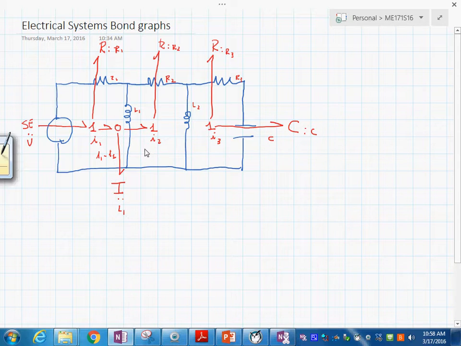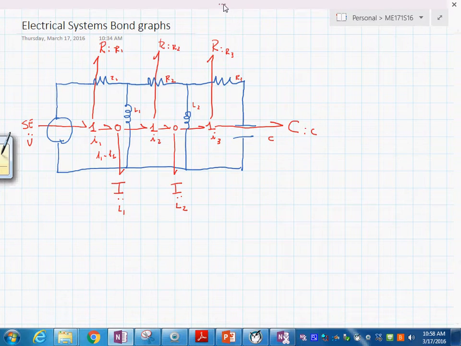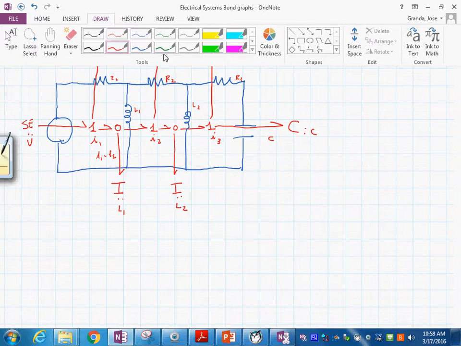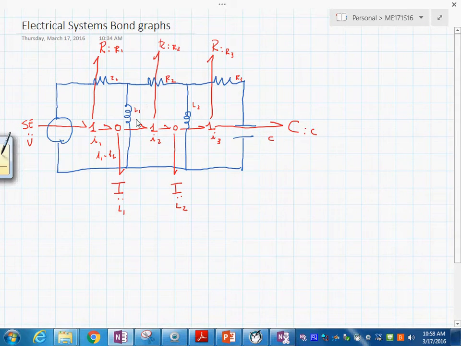let's do the causal marks. I would encourage you to enter this one into the computer, because here's what you will see. Okay, you put this over here as an effort to the source. You put it here to the 0 and nothing happens. You put this one to the other 0 and nothing happens.